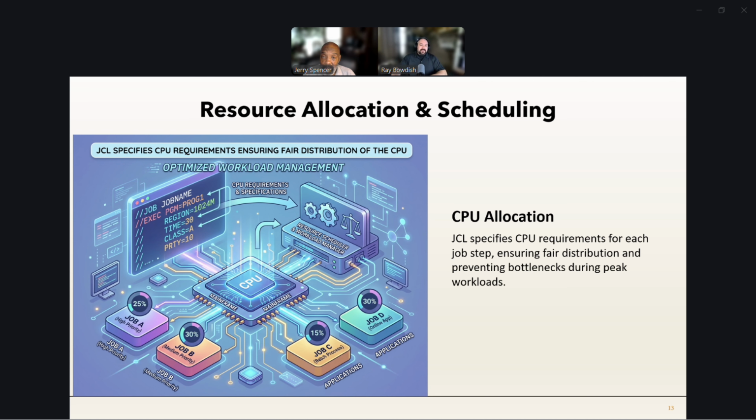However, when you have multiple CPUs running, you can split the work and have multiple jobs running at the same time, but you can still run into bottlenecks, and that's where things like priorities and resource allocation again come into play. The scheduler is a very complex system that is the backbone of what keeps all these JCL jobs running and working in order.